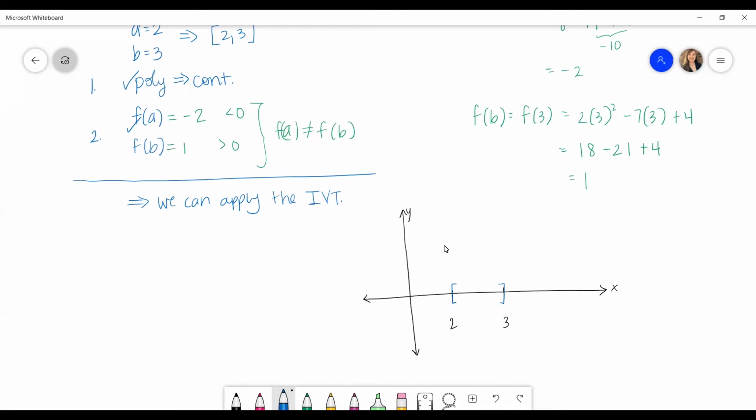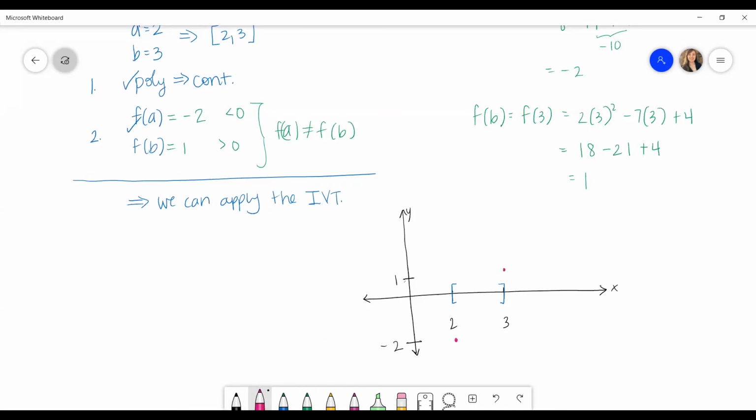Well, the output for 2 was negative 2, so somewhere down here. Again, my drawings are not to scale, but negative 2, so that's this point, right? And the output for 3 was 1, so that's this point.